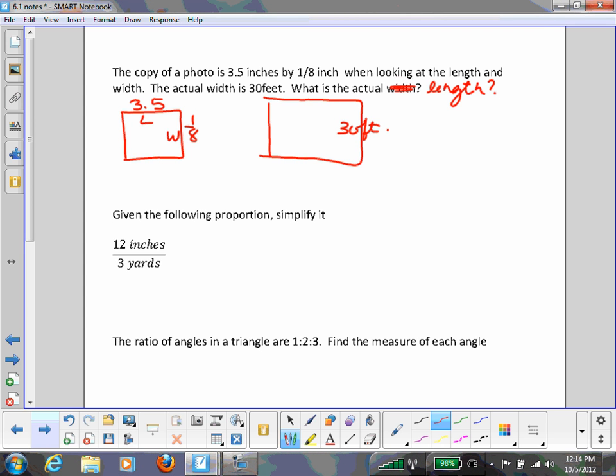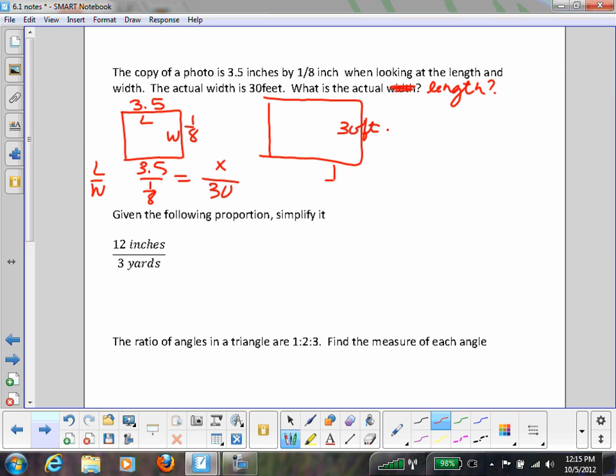And so we would set up a proportion, wouldn't we? We would want to write over to the side length over width so that we keep our two fractions or our proportion constant. Okay. All right, so we would say 3.5 over 1/8 is equal to, what would I write over here? Over 30.